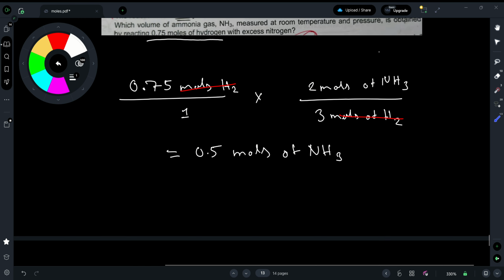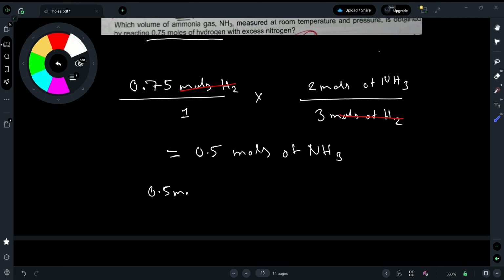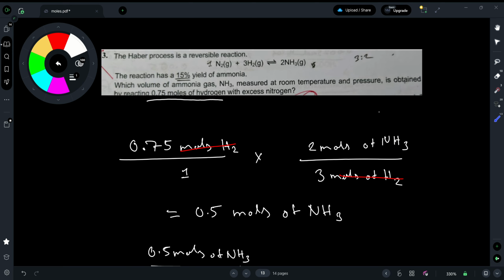So since it's at room temperature and pressure, we can find out the volume of 0.5 moles of NH3. And let me just write here that the answer is in cm cubed.